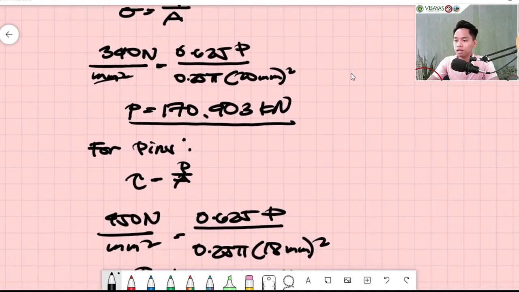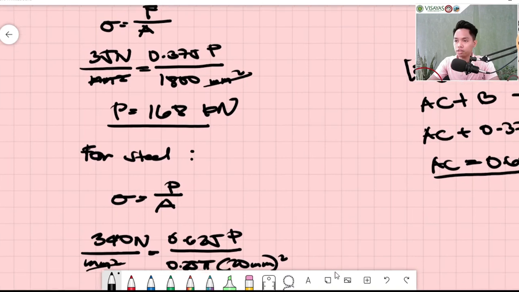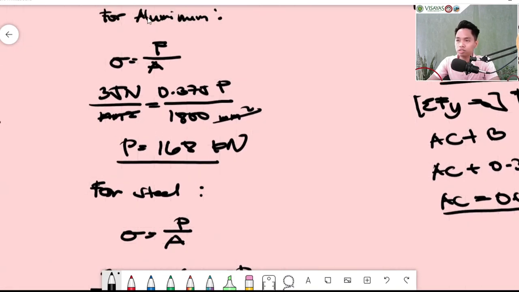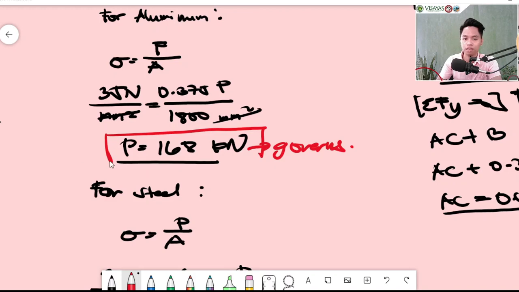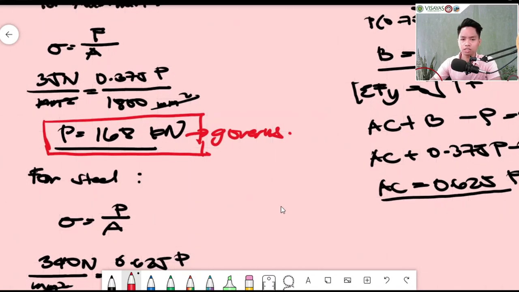Based on these three situations, we have your aluminum, your steel, and your pin. Which has the least force required? So therefore, the weakest now is the aluminum, so we are going to use the aluminum. This governs. The governing force is 168 because it is the smallest force. So I hope this is correct. Let's check if we have the same answer.